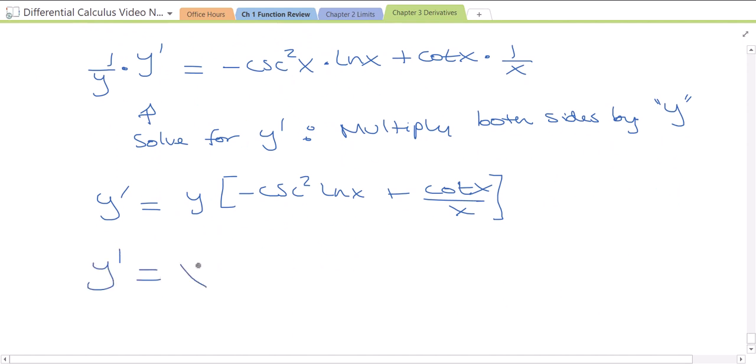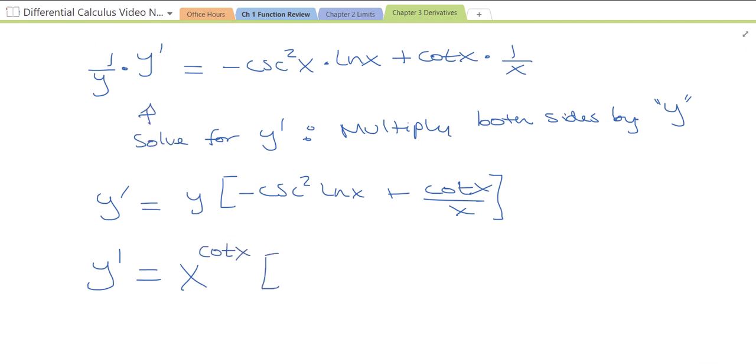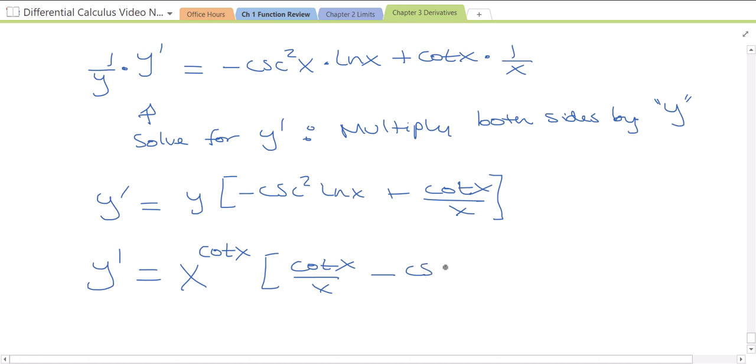The original expression was x to the cotangent of x, and then I'm going to have negative cosecant squared x. If you don't like to write the negative term first, I don't like to have the negative term first, so I'm going to write the positive term first. So cotangent x over x, and then minus cosecant squared x, whoops, I forgot an x there, times ln of x. And that will be our final answer.